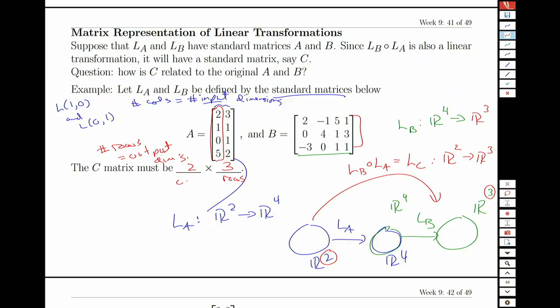It has to have 2 columns. So just how do the pieces fit together here? We have this A matrix, we have this B matrix. I know I should somehow be able to combine them so that I can go straight from here to here with some new alternative one-step process. And it should be a 2x3 matrix to do that.